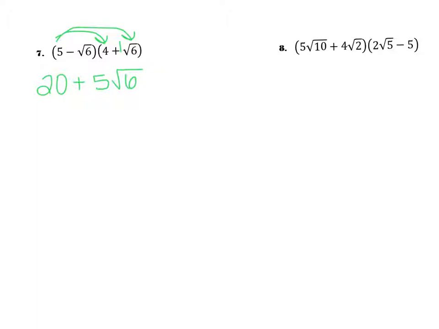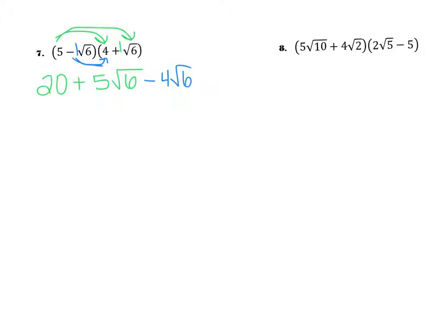So that's the first part of distributing, but remember this is a double distribute, so we're going to come back and distribute our second term. Now remember the coefficient here, I'm going to also include the 1 to help us remember that's a negative 1 that we are going to multiply by 4. So that's actually going to end up being a negative 4 square root 6.